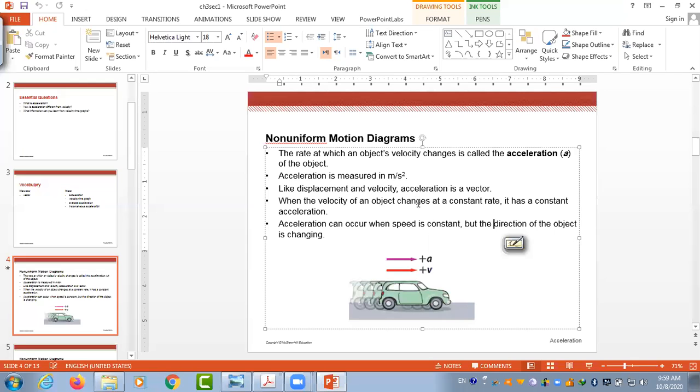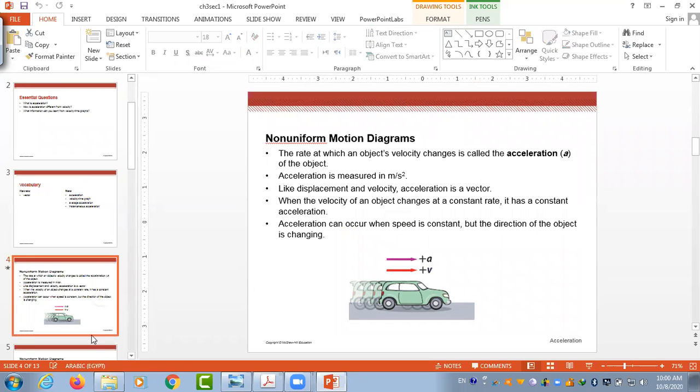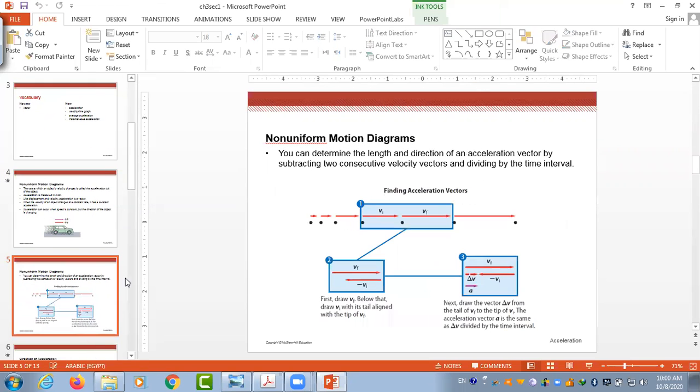When the velocity of an object changes at a constant rate, it has a constant acceleration. What do we mean by changes at a constant rate? You can see this from the graphs.